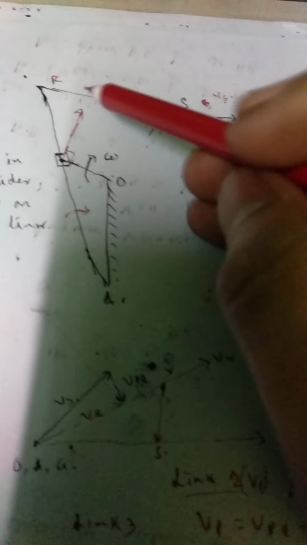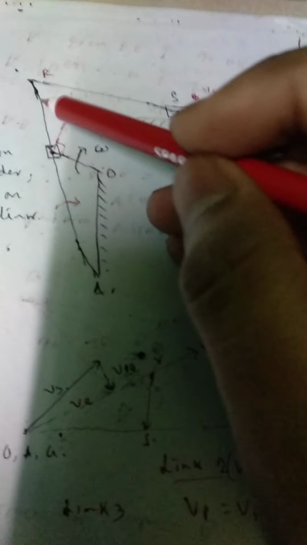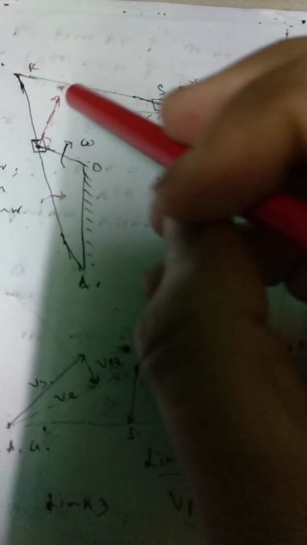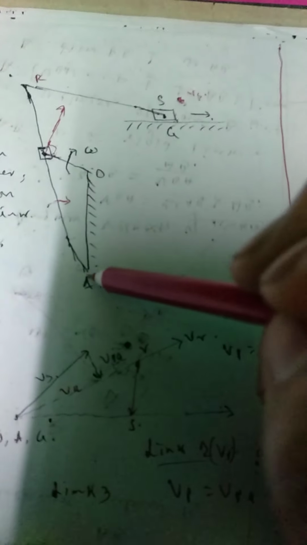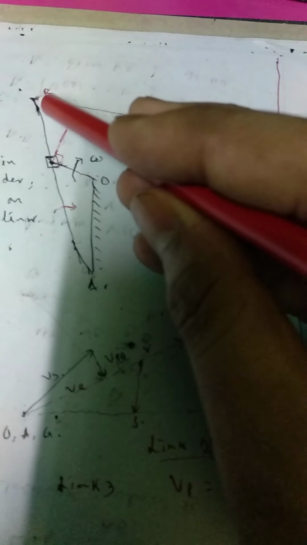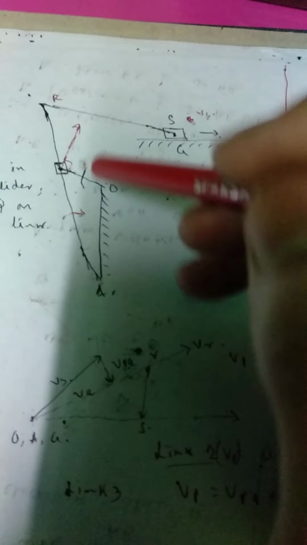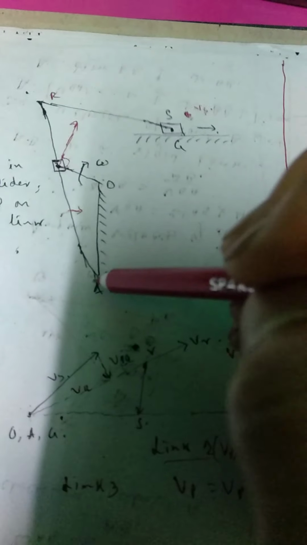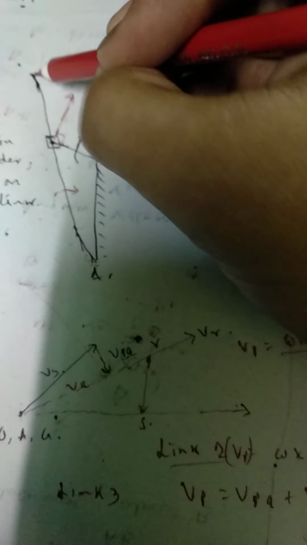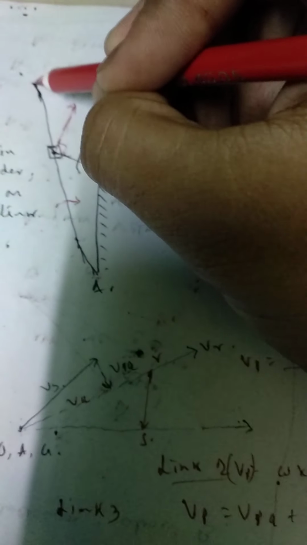It's Vs. Now next, consider this point R. What is the velocity of this point R with respect to this point A? This Vra. With respect to this fixed point A, we will find the velocity of R. Now this point R will move in the perpendicular direction to this fixed link RA. Now we will draw the direction of the velocity.